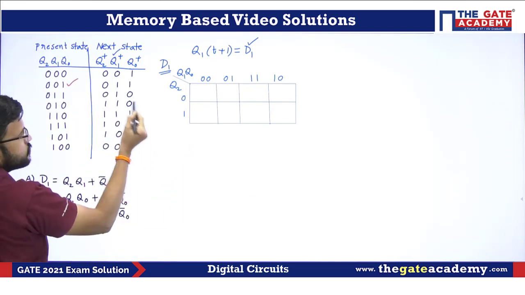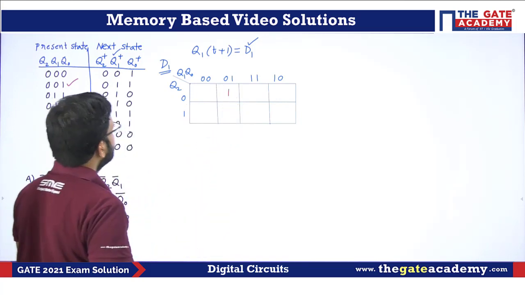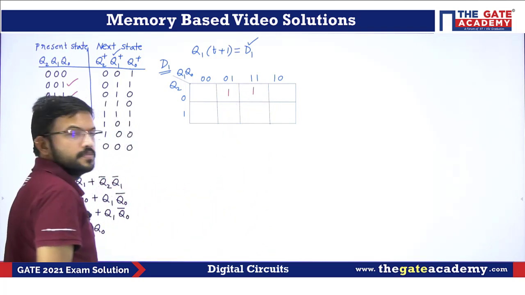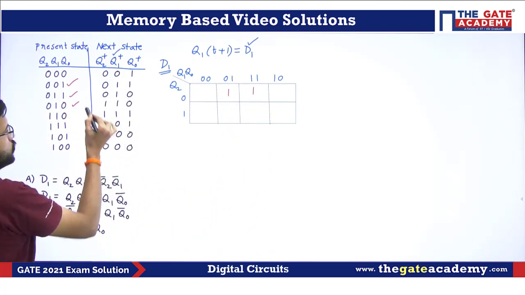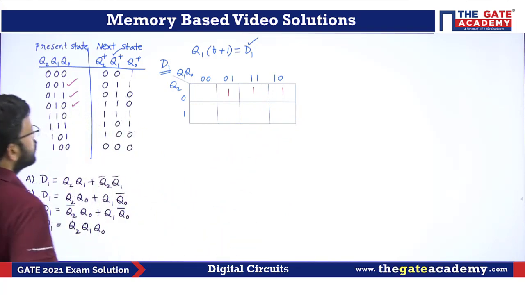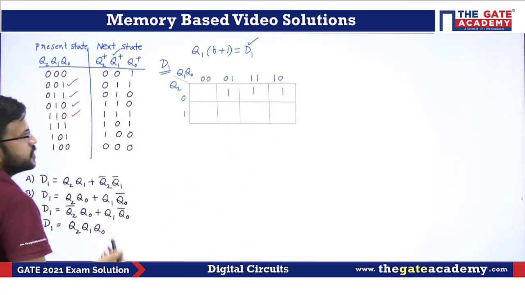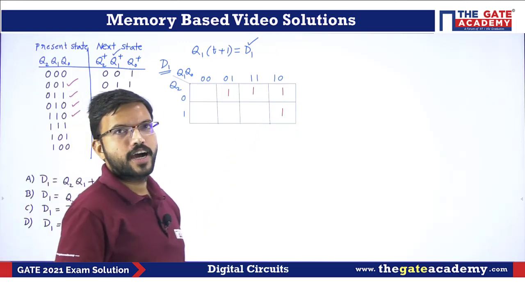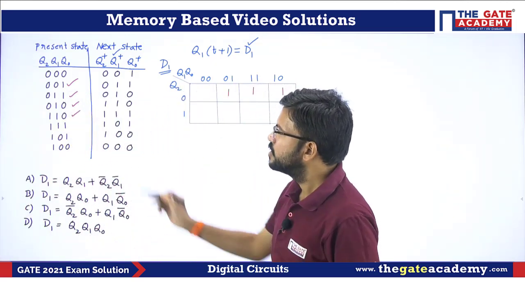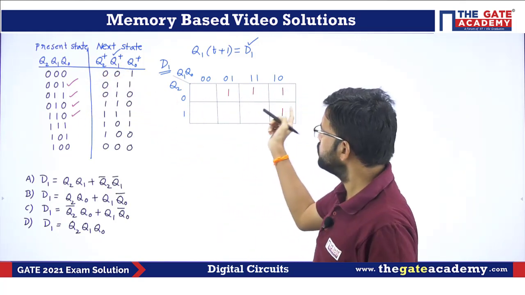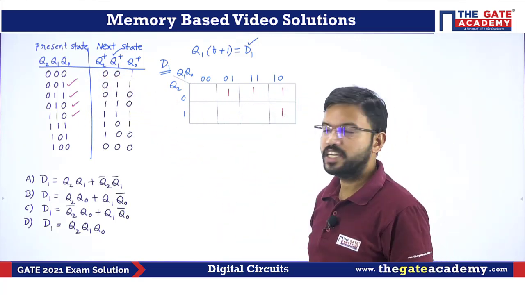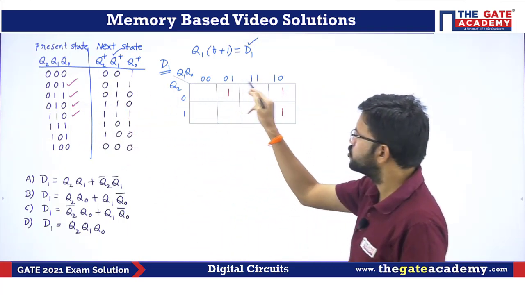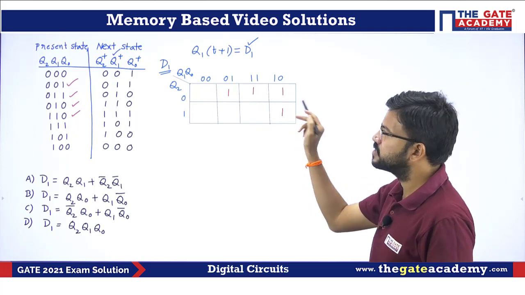Next 0, 1, 1, output is 1. Next 0, 1, 0, output is 1. Next 1, 1, 0, output is 1. If you assume this is like your binary, then you may get the wrong expression. For whichever input combinations you get output 1, observe them carefully and place the output as 1.